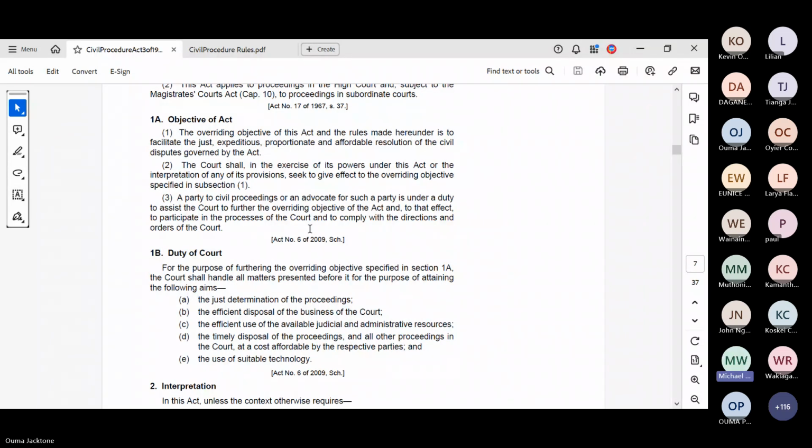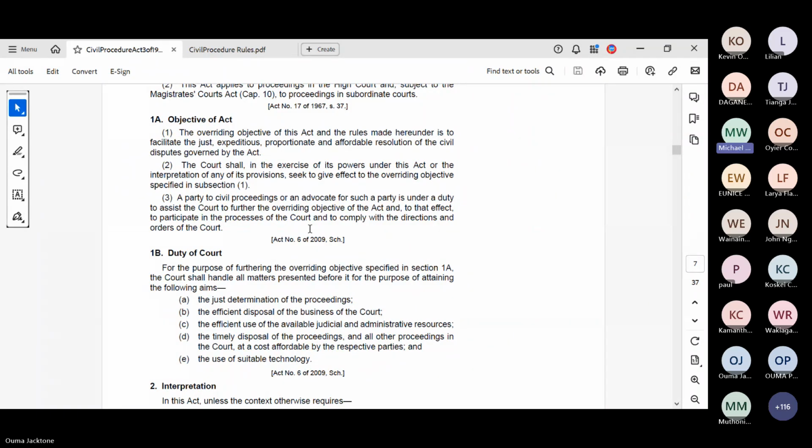The overriding objective of this Act and the rules made hereunder is to facilitate the just, expeditious, proportionate, and affordable resolution of the civil disputes governed by the Act. The court shall, in the exercise of its powers under this Act or the interpretation of any of its provisions, seek to give effect to the overriding objective specified in subsection 1.